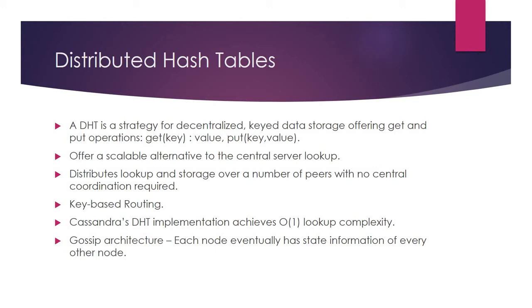When we talk about the DHT implementation in Cassandra, unlike other DHT implementations, all the nodes in the cluster are assumed to be in a logical ring structure. The servers are numbered sequentially around the ring, with the highest number connecting back to the lowest number. Each server in Cassandra is assigned a unique token.